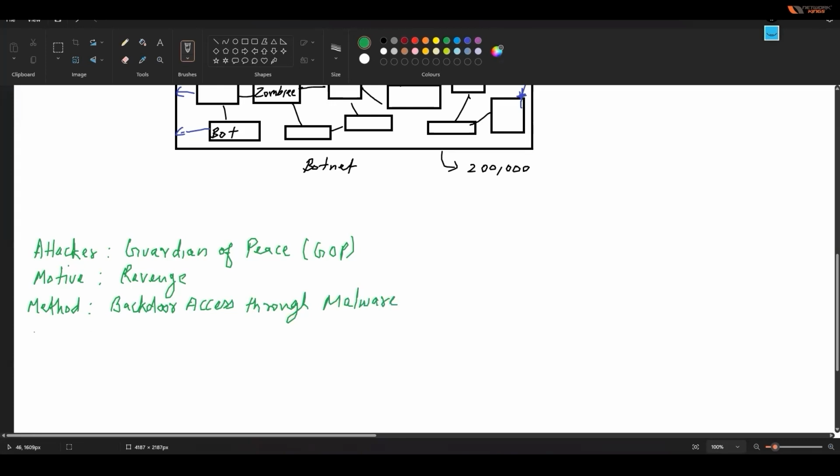And the weakness was a person using a DMZ resource. Okay, this is the complete scenario related to the Sony attack.